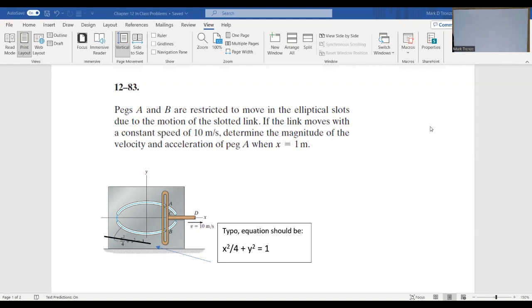So this looks like an interesting problem. We're basically given this equation, x squared over 4 plus y squared equal 1. That gives you the equation of the slot. That's showing you the relationship between x and y along that slot.